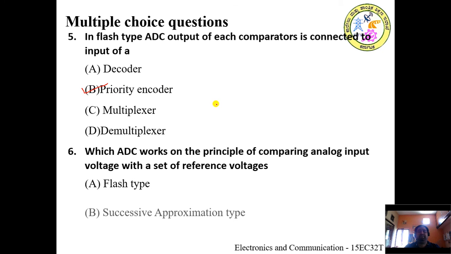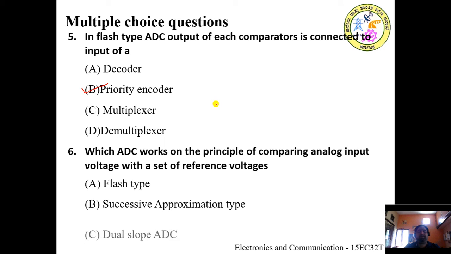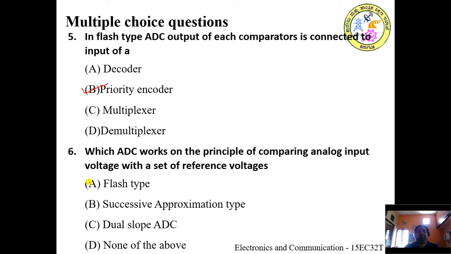First one flash type, second one successive approximation type, dual slope type, and fourth one none of the above. Obviously the first one, flash type of ADC, because the definition itself tells you that it is going to do a comparison operation with a set of reference voltages.